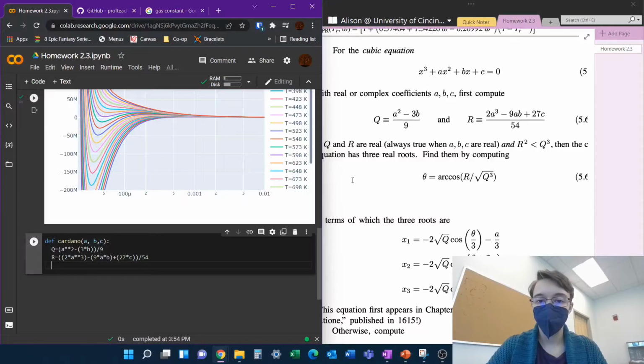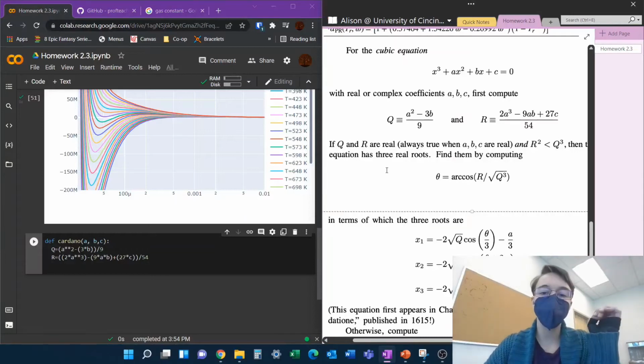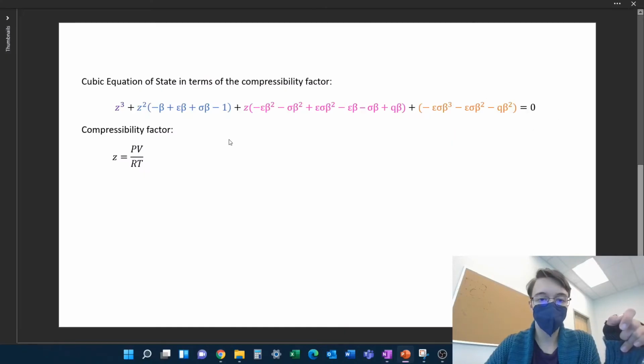Next thing we're going to want to do, if we read right here, it says that if Q and R are real, which is always true when A, B, and C are real, so we know that our A, B, and C are real because we know what they are, so that works out.